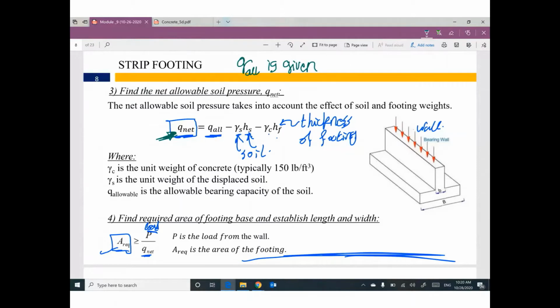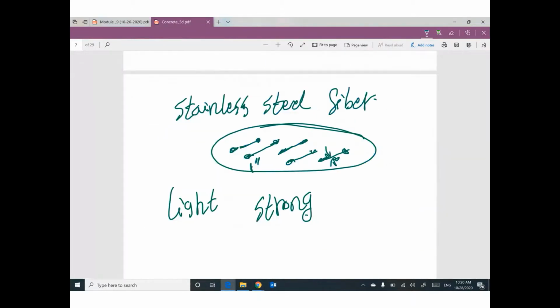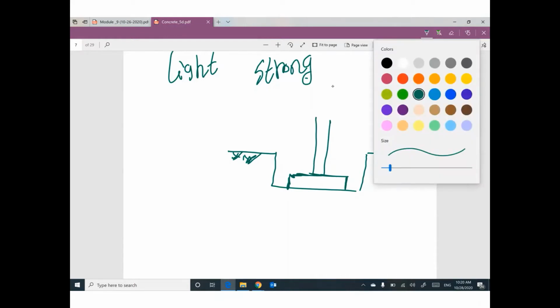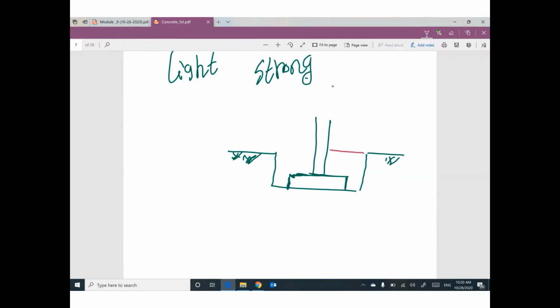But sometimes, it's not all the time, sometimes we need to make an excavation in the ground surface to put the foundation, the footing, and then construct the wall, and then we apply fill soil, filling this excavation.